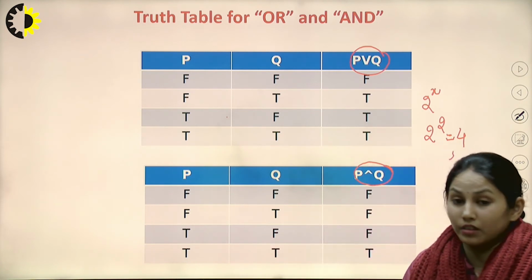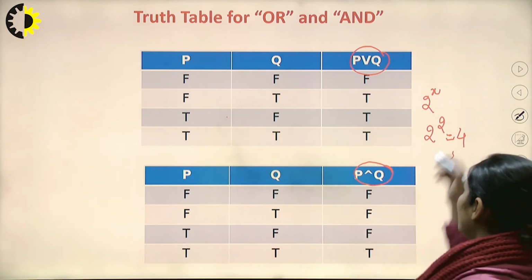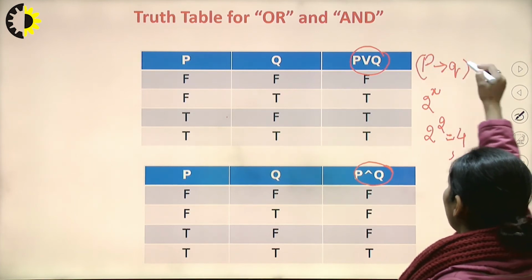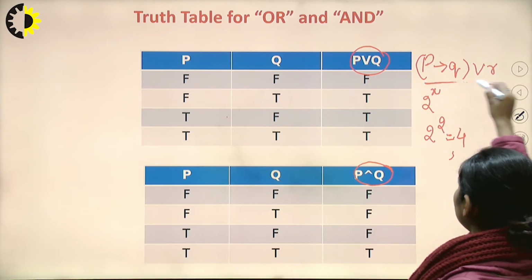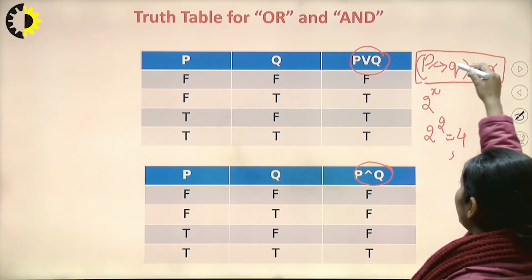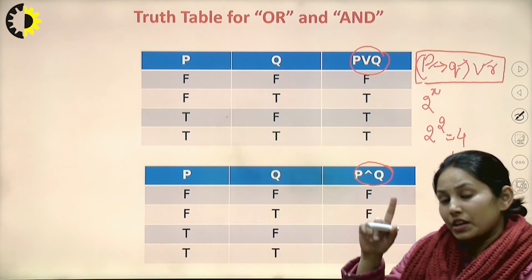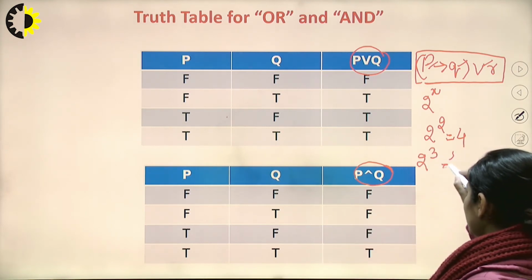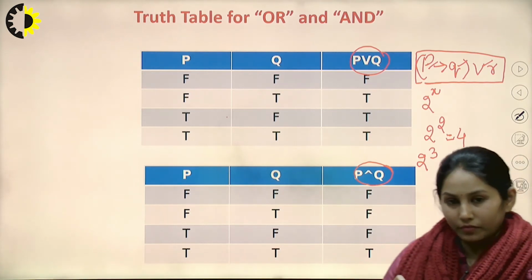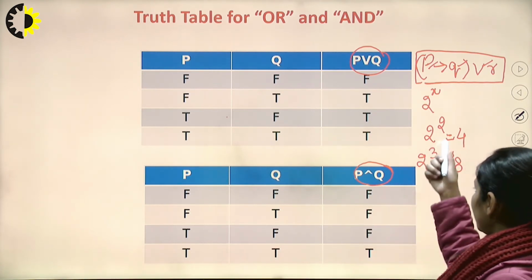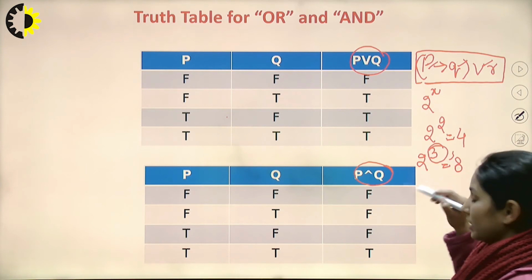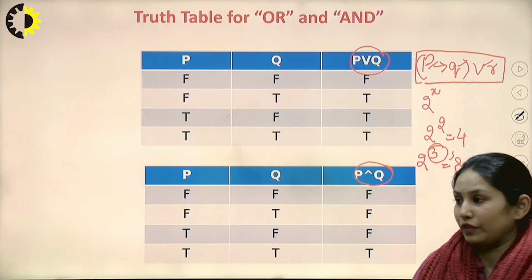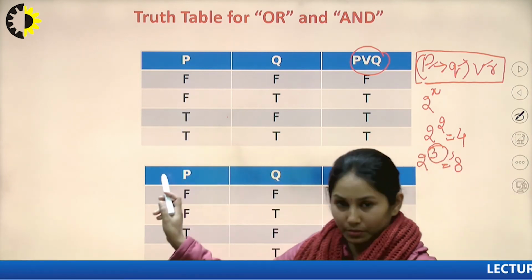If you have 3 variables, like P implies Q or R, this particular logic has 3 variables. So for 3 variables, you have to prepare a truth table of 2 raised to the power 3, that is 8 rows.